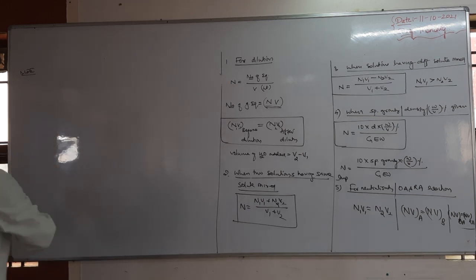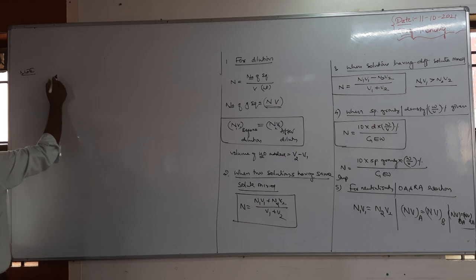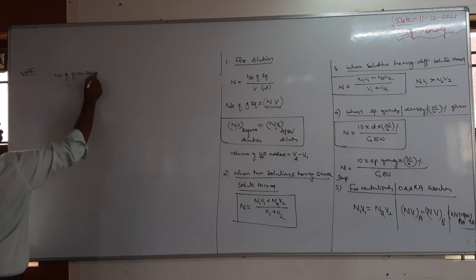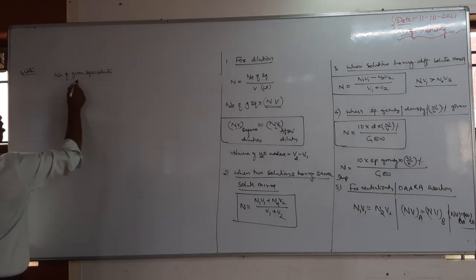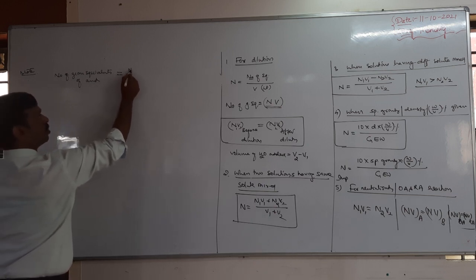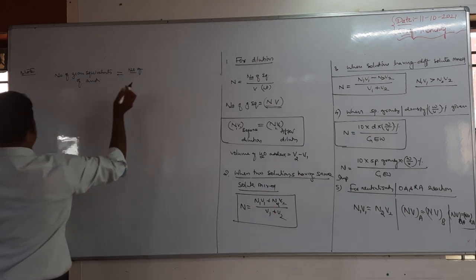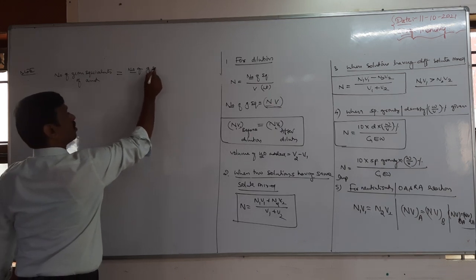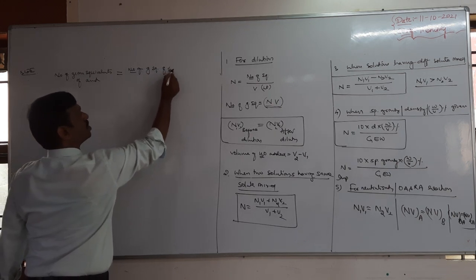So take the note: the number of gram equivalents of acid is always equal to the number of gram equivalents of base.